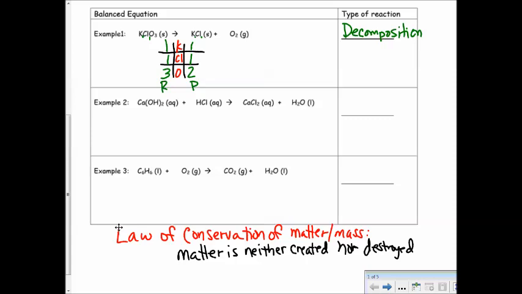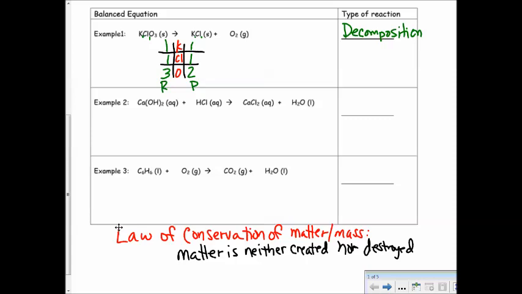So what we can do in order to do that is we use coefficient numbers. And the coefficients are big numbers that you put in front of the entire compound. So in order to fix this, we're going to have to think. We have a 3 and a 2. Well, a 3 and a 2 means there's an odd number. The 3 is an odd number. So we have to kind of go with the least common multiple idea.